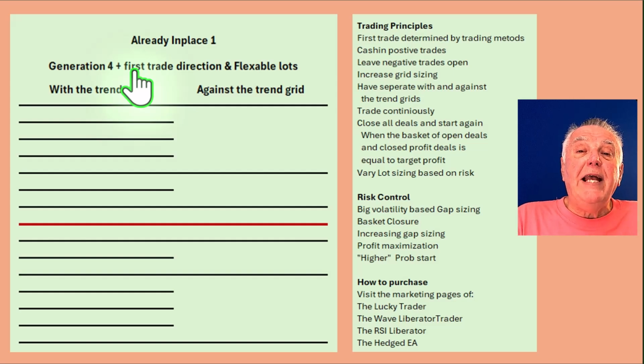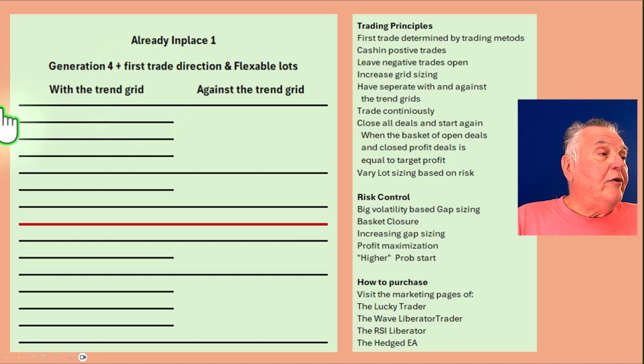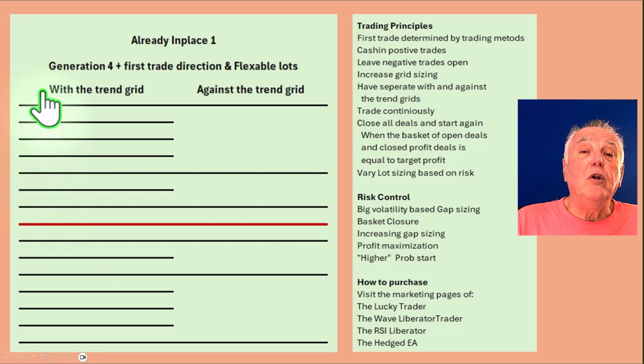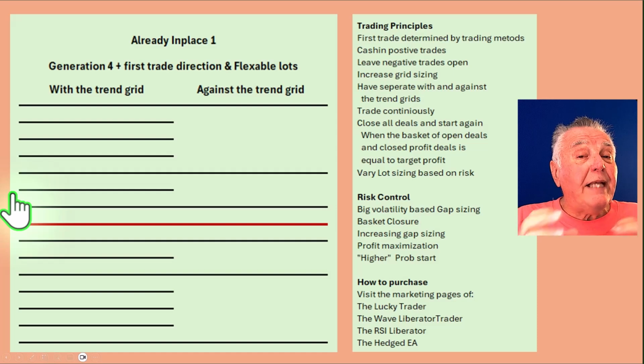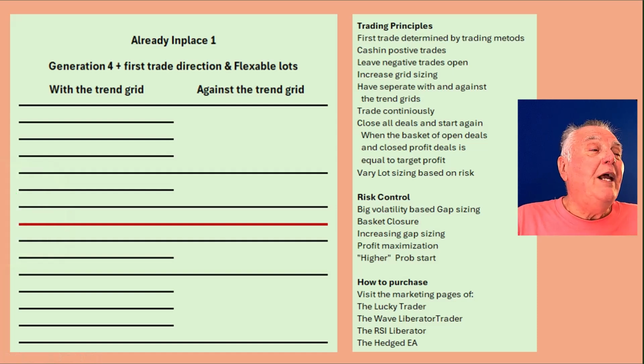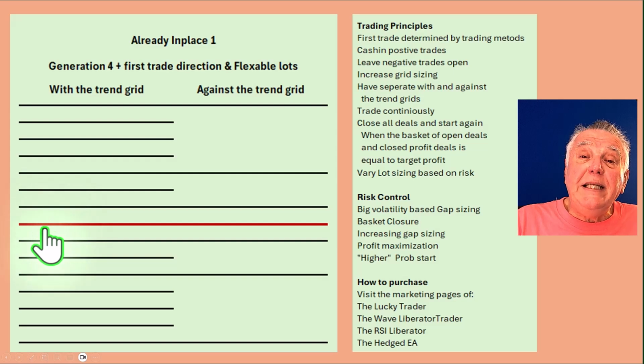The other aspect that we do is we say in grid trading, up to now, we've assumed the same lot sizing. So let's say that's lot sizing 1. Every single transaction would be lot sizing 1. Now you can actually add more safety and more profitability if you vary your lot sizing. So you could either increase your lot sizing from the beginning upwards, or you could decrease your lot sizing.